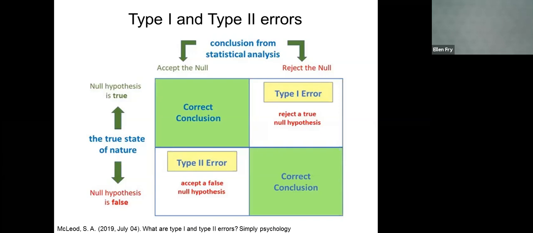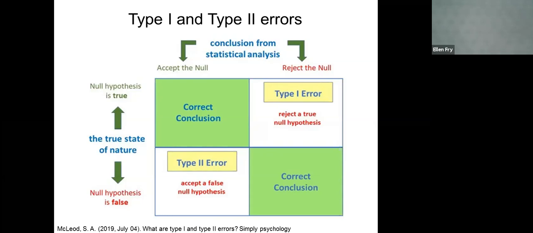A type 1 error is known as a false positive. You report your findings as true, but they are actually false. So the null hypothesis is true. Nothing has happened in your experiment, but you report an effect.